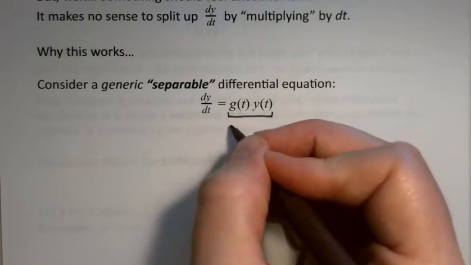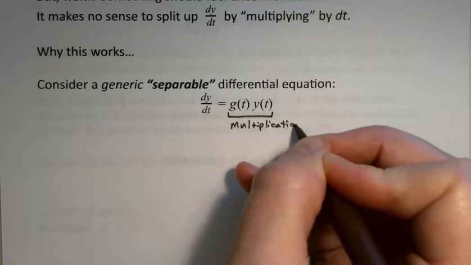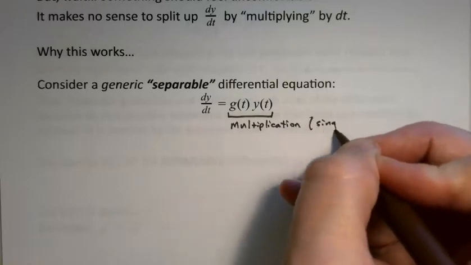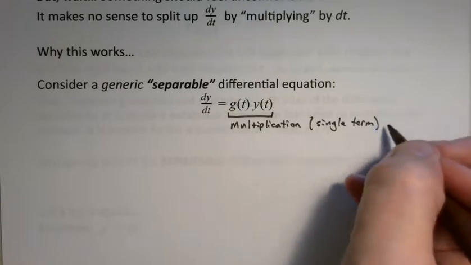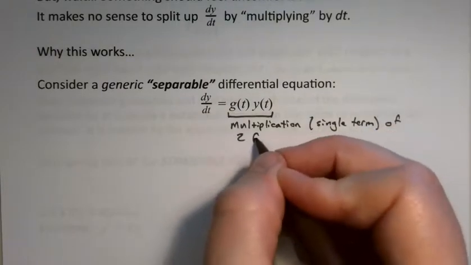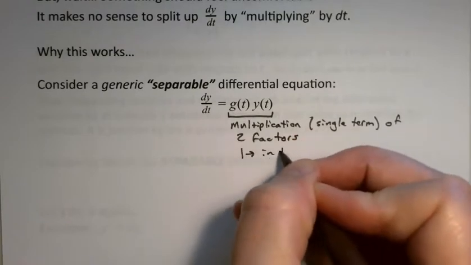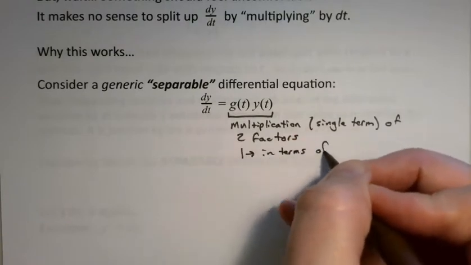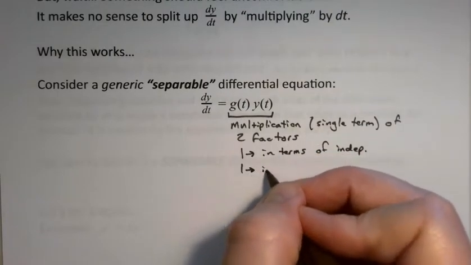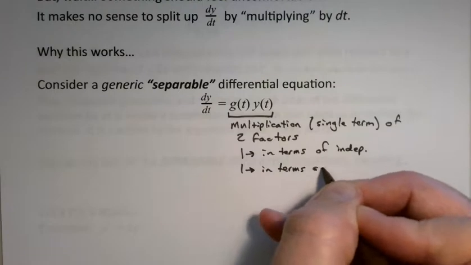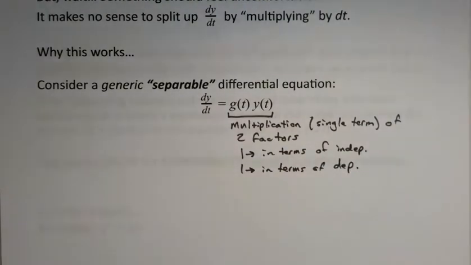This is always multiplication, and it's got to be a single term of two factors. One is in terms of the independent variable, and one is in terms of the dependent variable. That's the only way this method works.